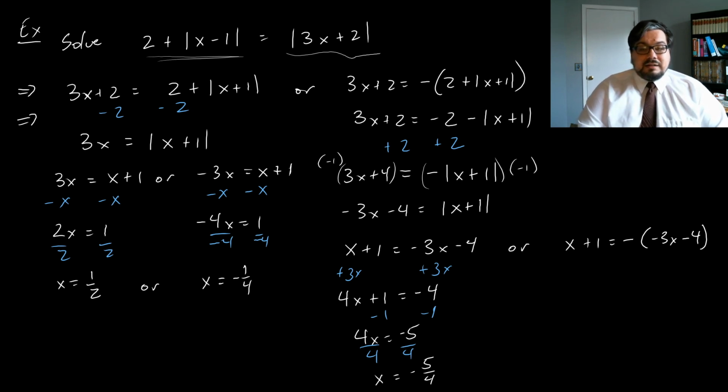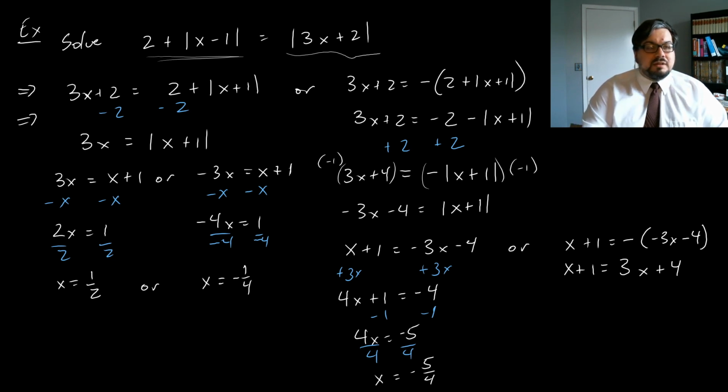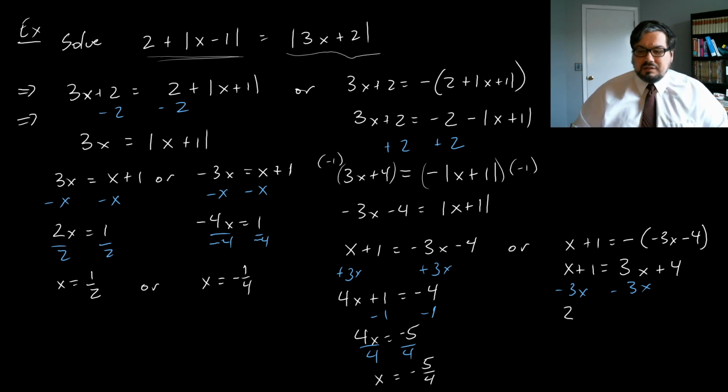And then finally, we've got our last OR equation to deal with. x plus 1 equals, now distributing this negative through, we get 3x plus 4. Solving for x again, we'll subtract 3x from both sides. We'll get negative 2x plus 1 equals 4.